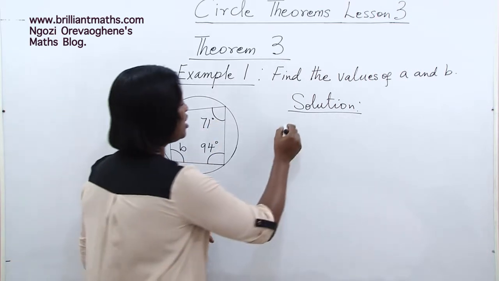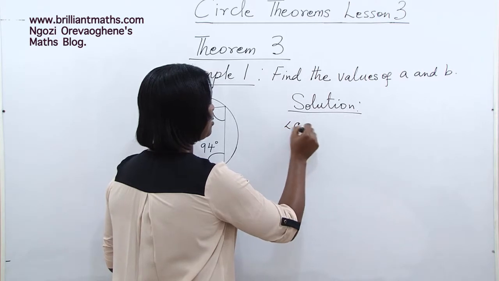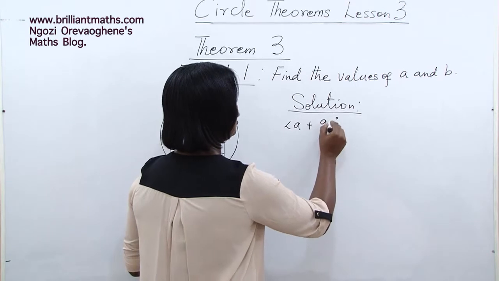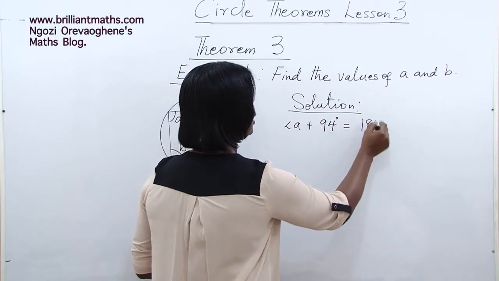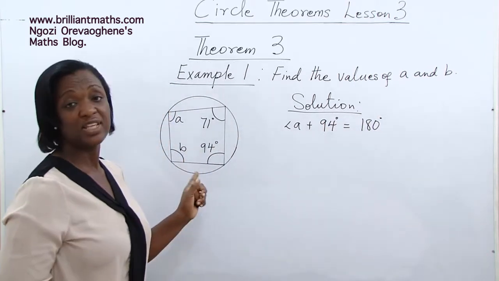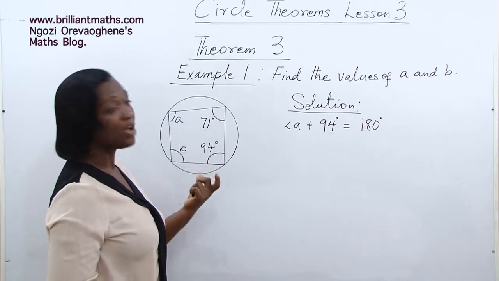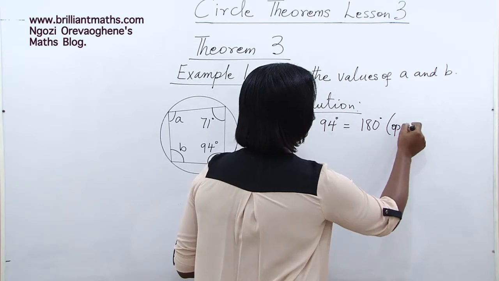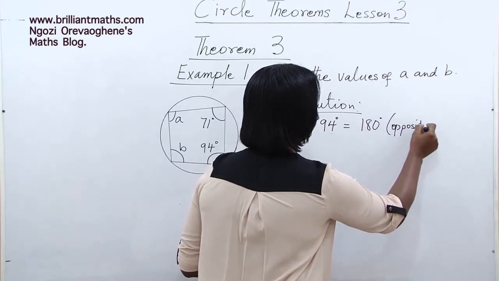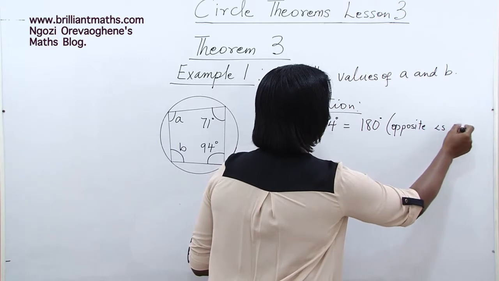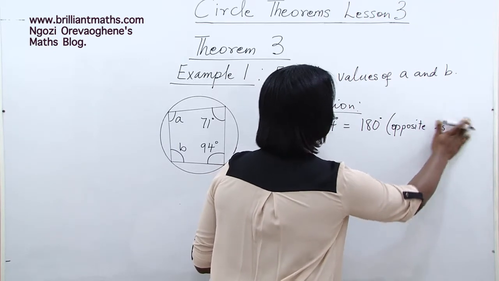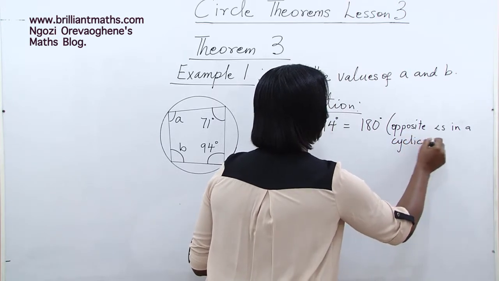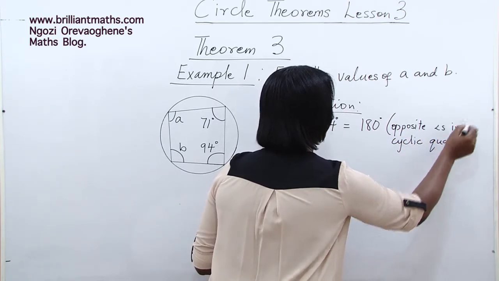So solution, angle A plus 94 degrees is equal to 180 degrees. And the reason is opposite angles in a cyclic quadrilateral.